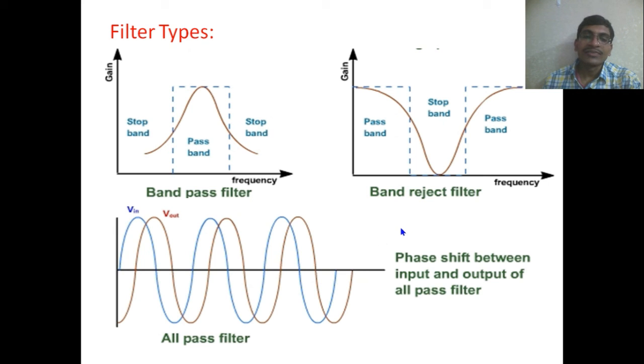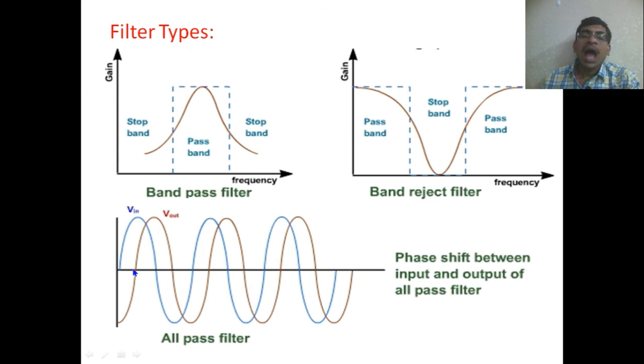The all pass filter will pass all types of frequencies. All frequencies will be passed by this type of filter. If you see, the blue sinusoidal signal is the input signal and the red sinusoidal signal is the output signal. Both signals are equal in amplitude and frequency, but there is a phase shift between input and output signals.